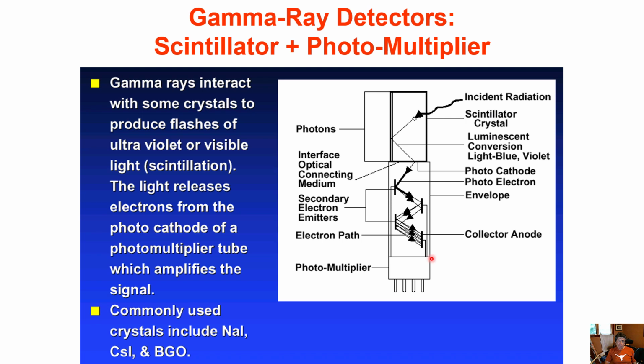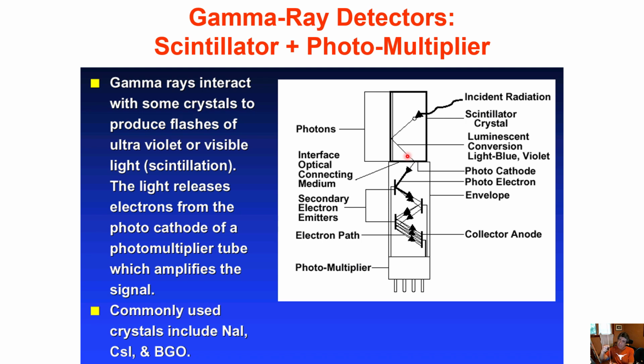And the other thing that is important to take into account here is the size of the gamma ray crystal. That size of the crystal can vary between half a foot and a foot, or sometimes shorter.